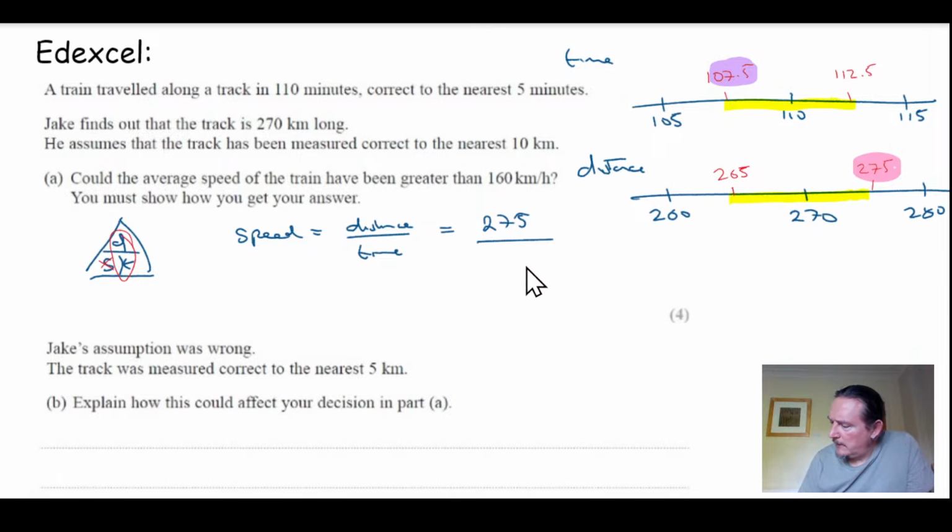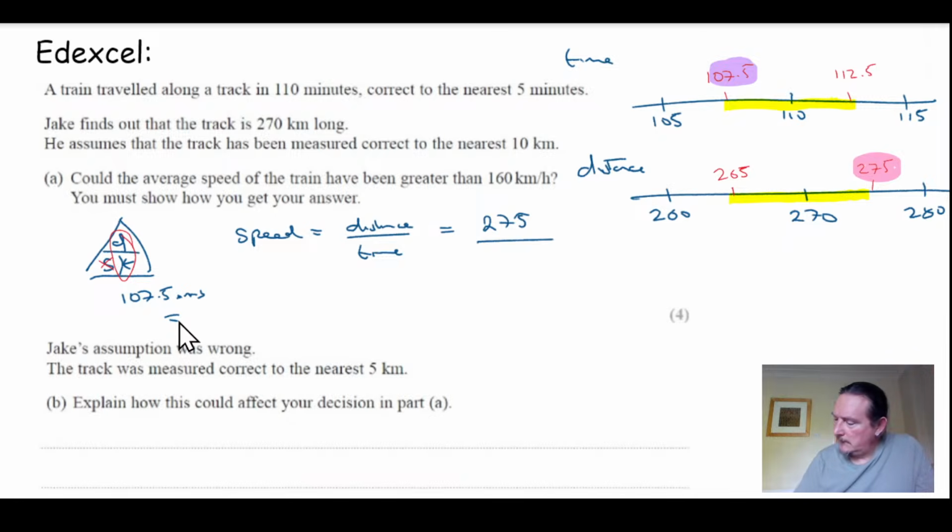Do I want to do that in 107.5 minutes? I don't think so. I think I might want to convert that into hours, because I want it in kilometers per hour. So 107.5 minutes, what's that in hours? I could just type 107.5 into my calculator and divide it by 60, I guess. It's not very nice.